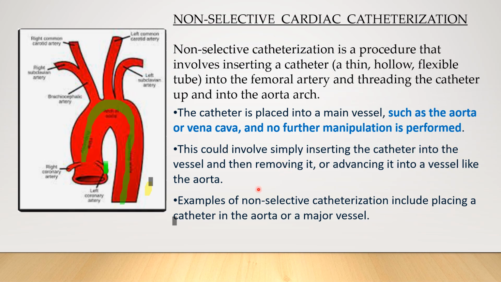This could involve simply inserting the catheter into the vessel and then removing it or advancing it into the vessel like aorta. So whenever we are talking about a non-selective catheter, the catheter remains inside the aorta only. It doesn't take this route or these branches. So it remains in the main aorta, and that is called as a non-selective catheter. Means I have not selected any particular branch and the catheter remains inside the aorta.